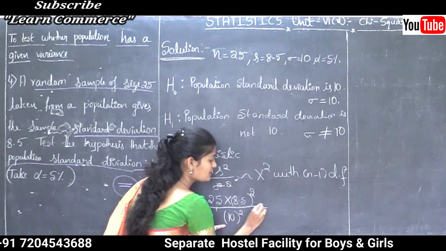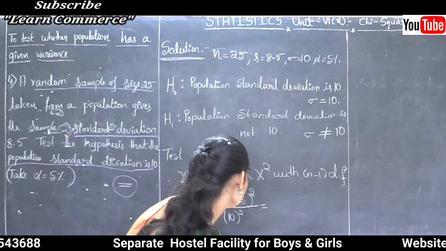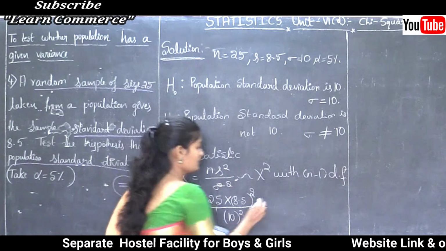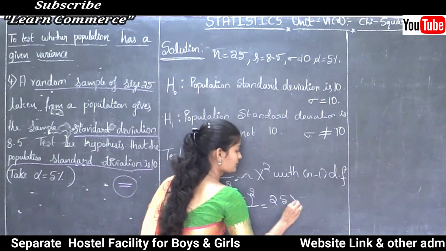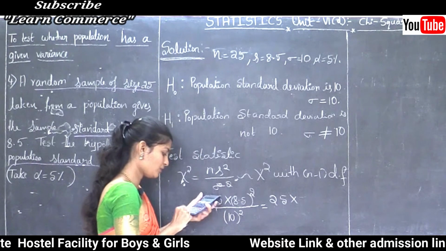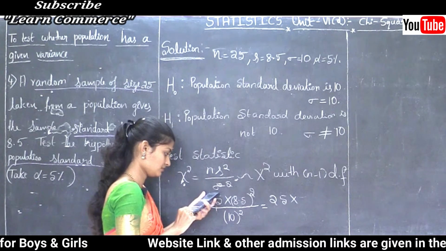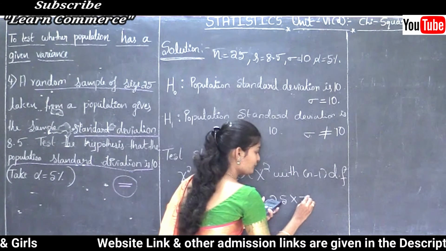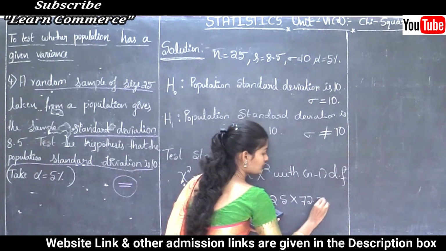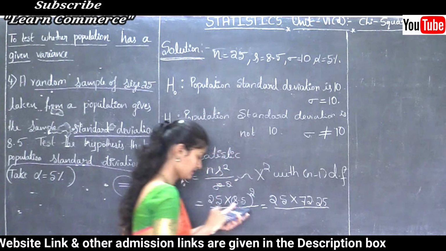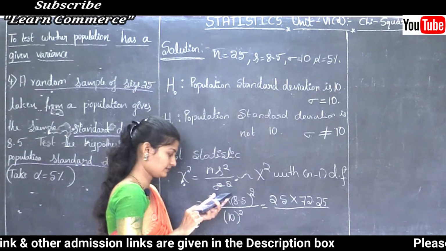This is equal to 25 into 8.5 square, which is 72.25, divided by 10 square, that is 100.